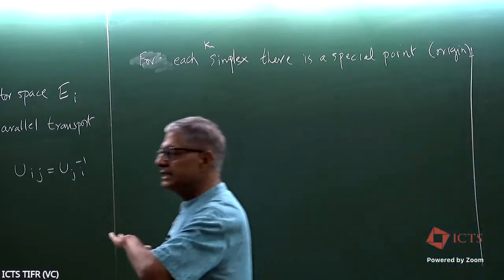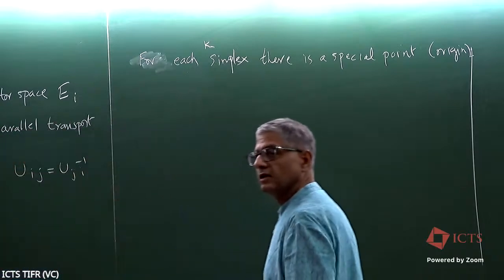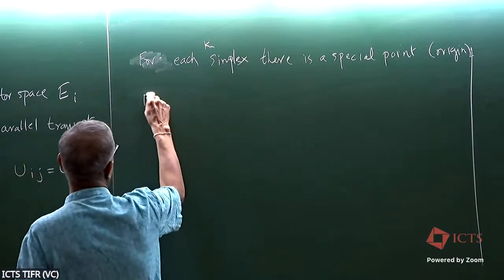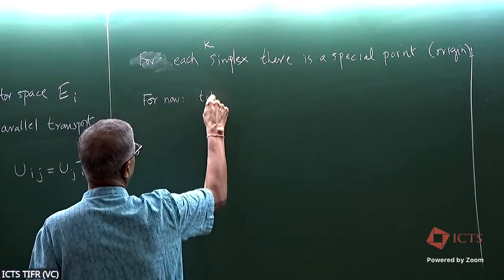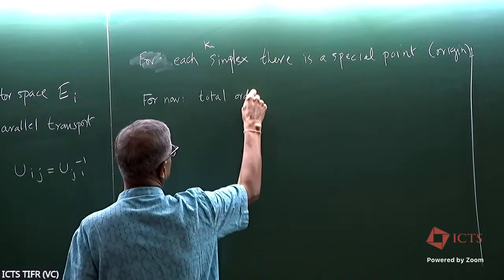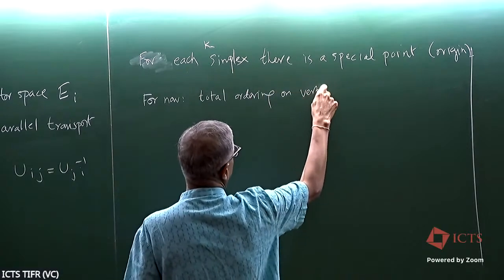In the first development of this theory, we will say that you have a total ordering. So assume for now, which we will drop later, that you have a total ordering on the vertices, like you have numbered your vertices from 0 to whatever.